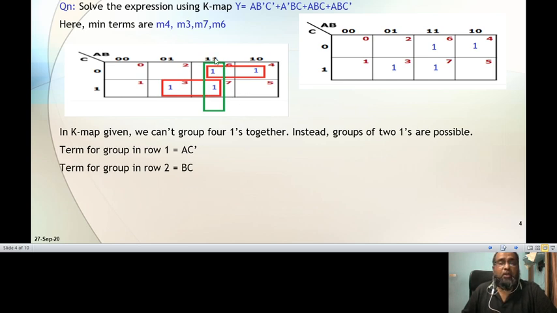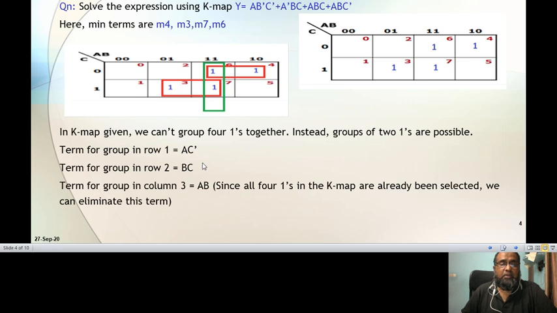If we take one more group that overlaps with the already taken groups, you will be getting an extra term, the term AB. The group given in the green color box is AB, but it is not needed, because it will add an extra term to the final equation.